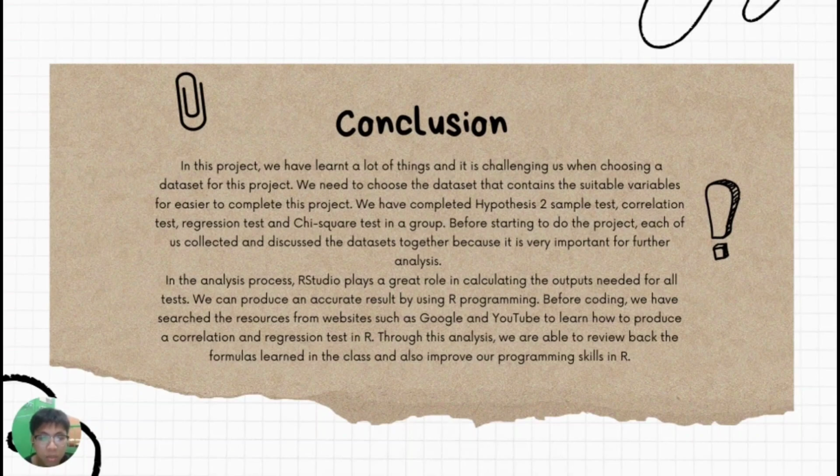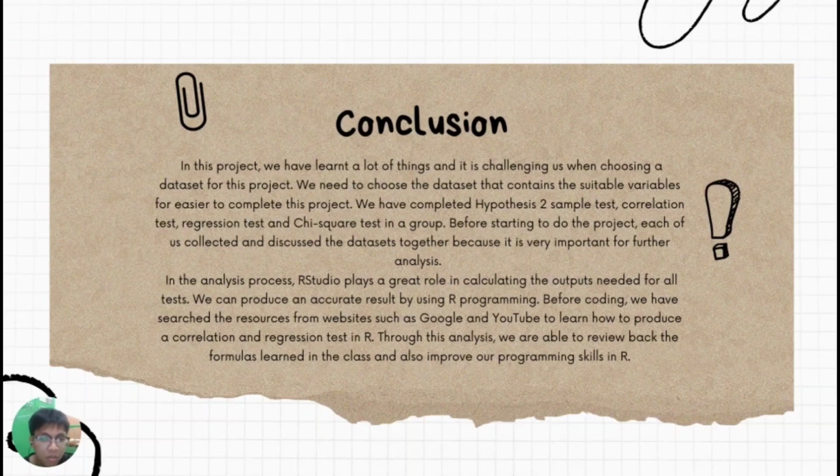Before starting to do the project, each of us collected and discussed the data sets together because it is very important for future analysis. In the analysis process, RStudio plays a great role in calculating the outputs needed for all tests. We produce accurate results by using R programming.